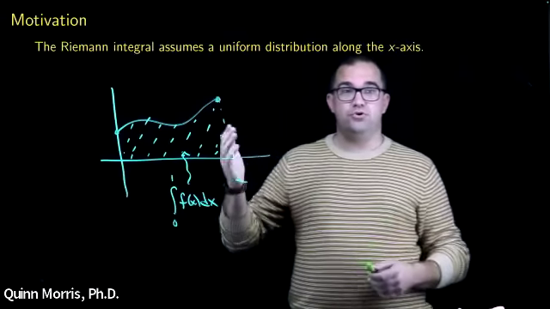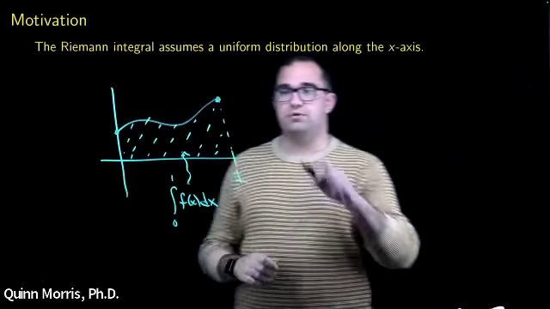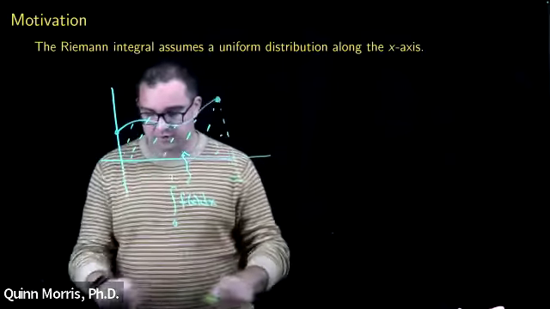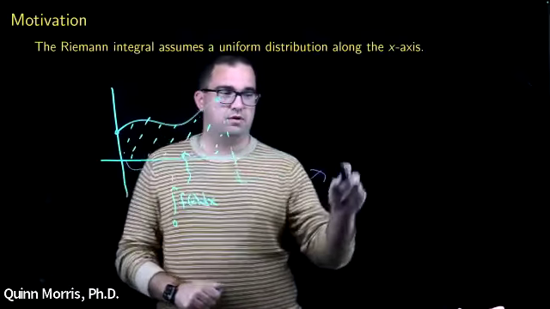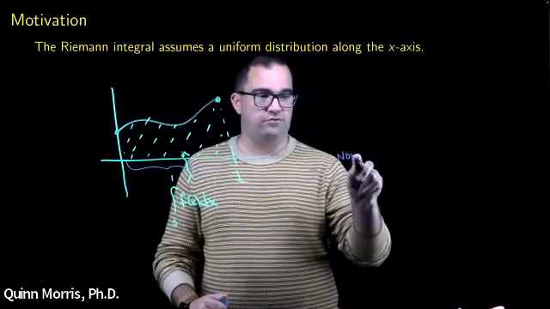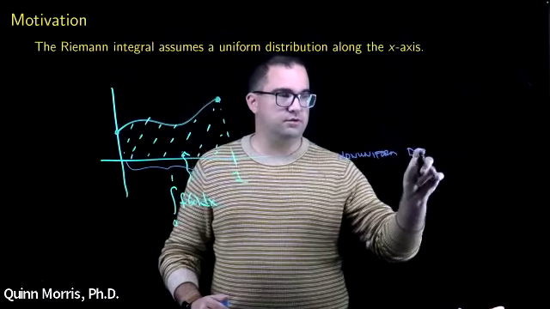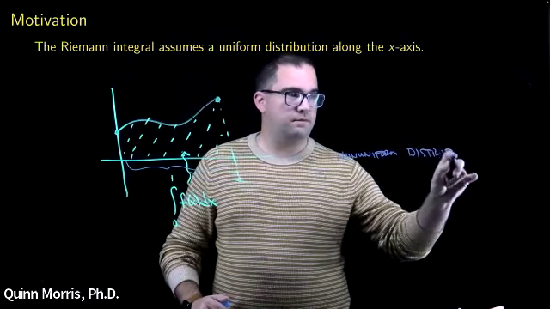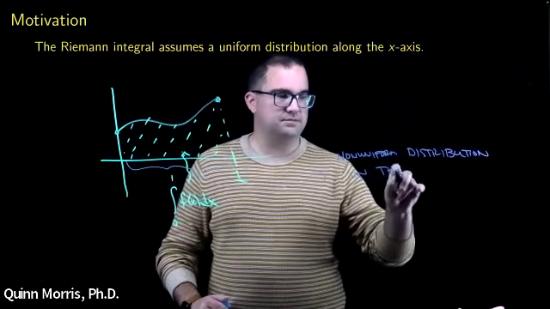That's exactly what we want to do with the Riemann-Stieltjes integral that we're going to develop. We want to be able to think about taking this interval and having a non-uniform distribution on the x-axis.